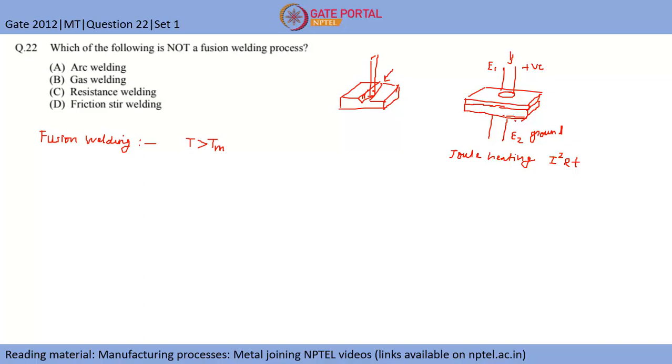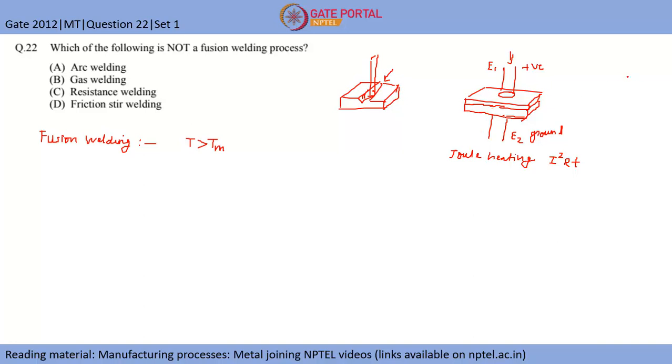As the interface has higher resistance, the heat generated near the interface is so high that it can locally melt the interface. When you locally melt the interface, it gets bonded, and with the help of these two electrodes we are also pressurizing the two sheets.